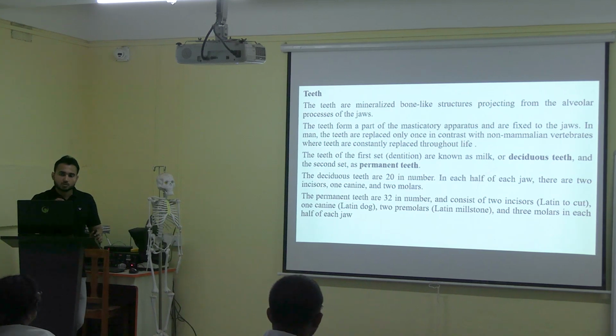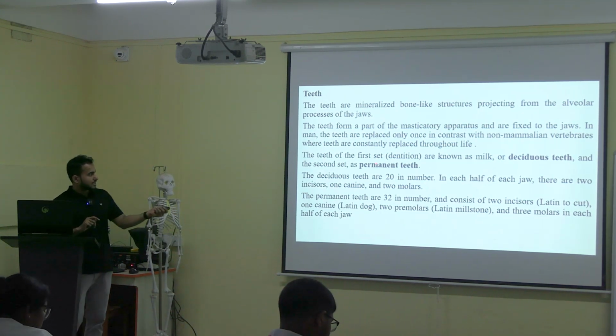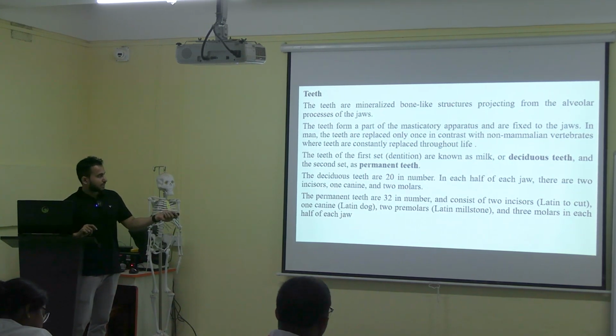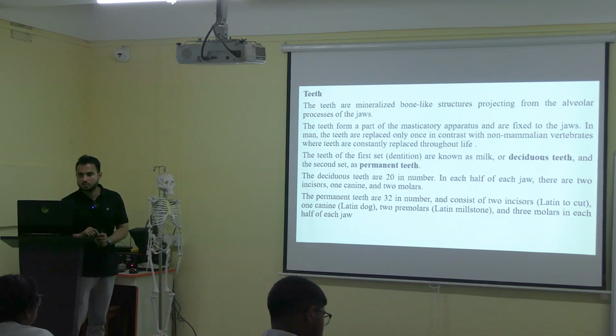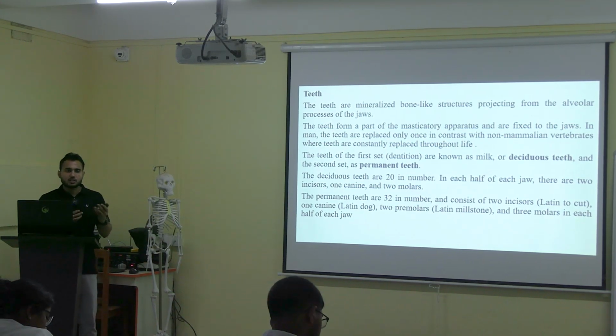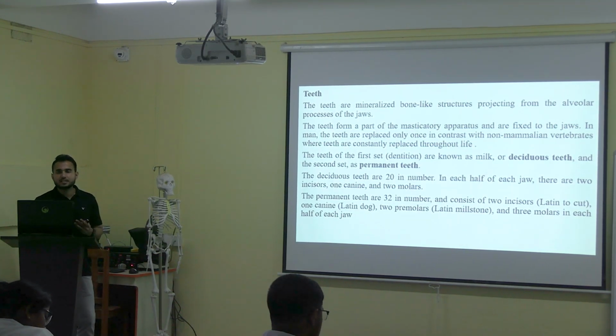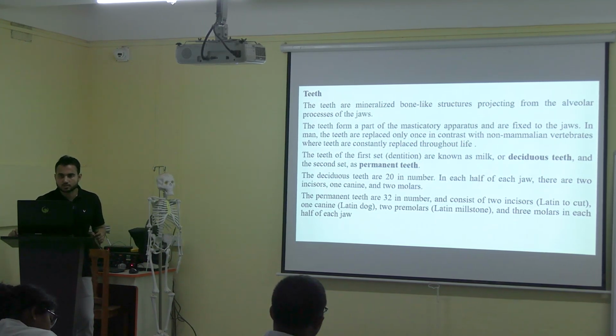When they fall off and another set comes, those are called permanent teeth. The deciduous teeth are 20 in number and permanent teeth 32 in number. Like this we can assume the age of a person by counting the teeth. I hope you know that.